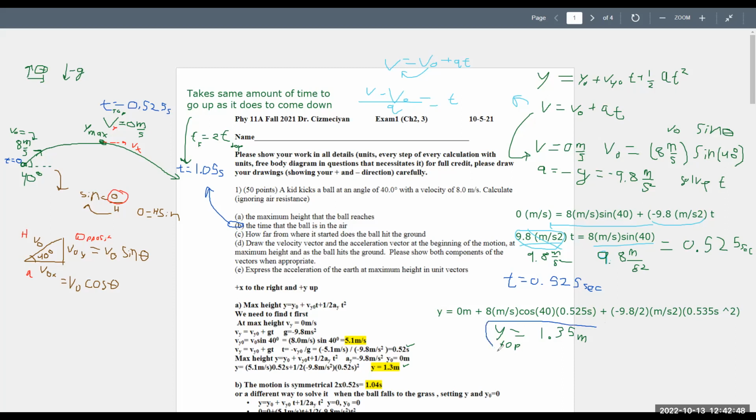This is A. Okay. And then how far from where it started does the ball hit the ground? That one, you're going to use the same kinematics equation, this one, but instead of y's, you're going to use x's.